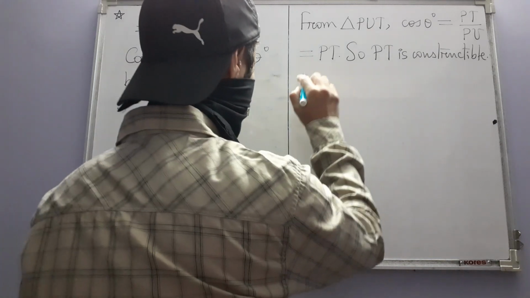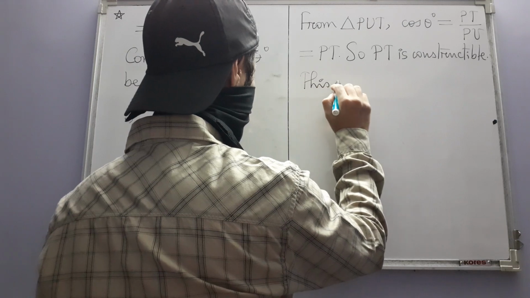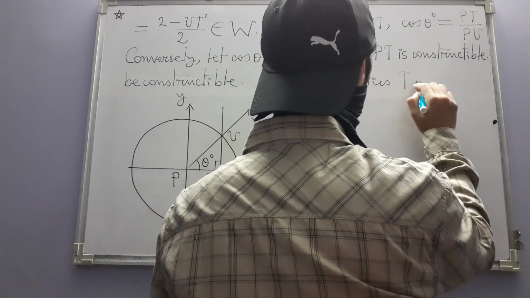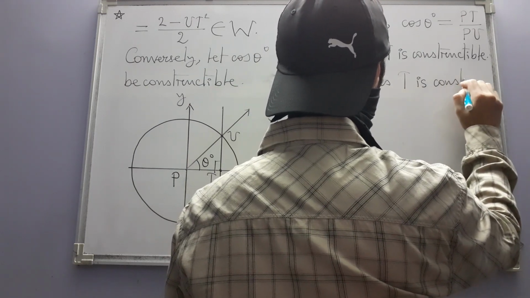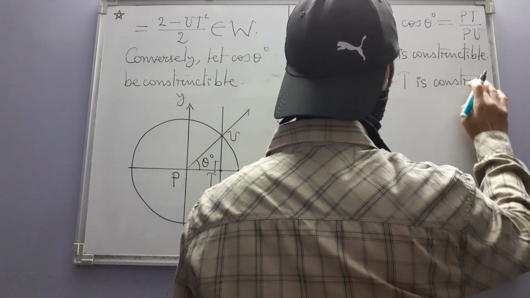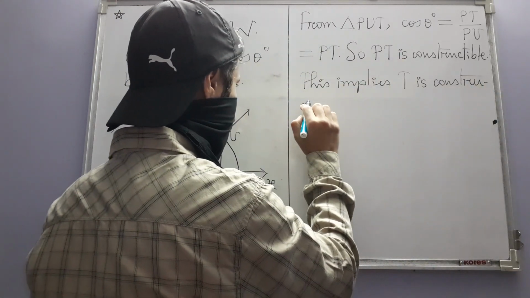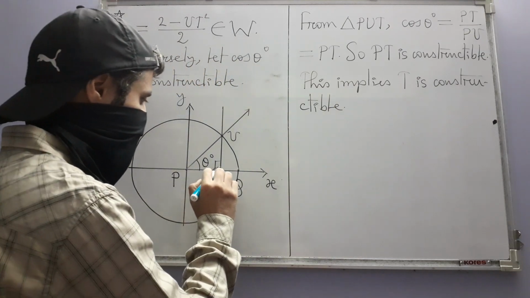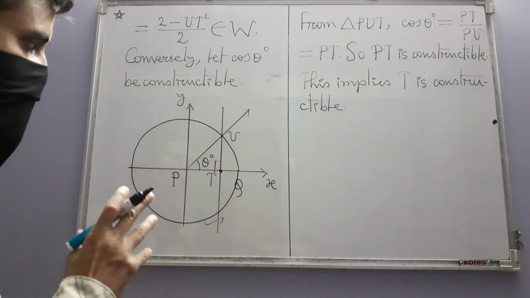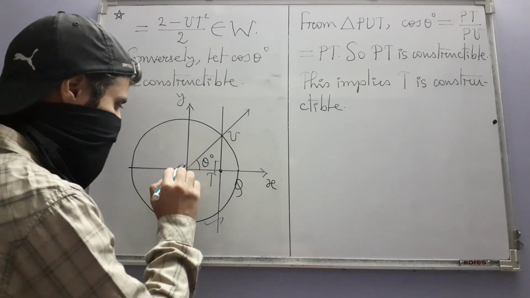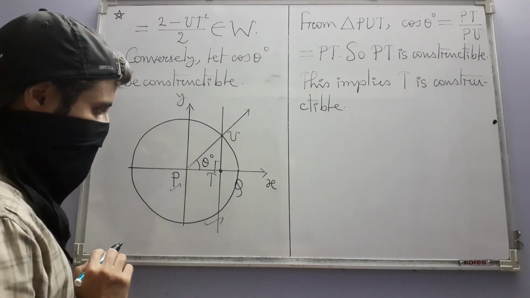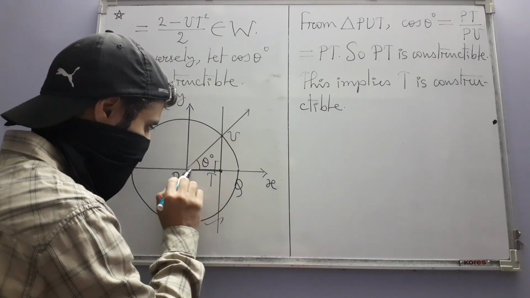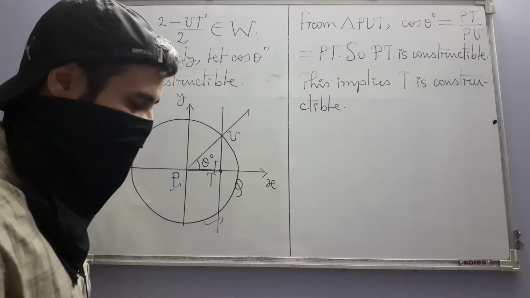All right. This implies T is constructible. The point T is constructible. But how? And why is T constructible? Okay, now look here carefully. We already know that P is constructible, and now we know that this length PT is a constructible real number.